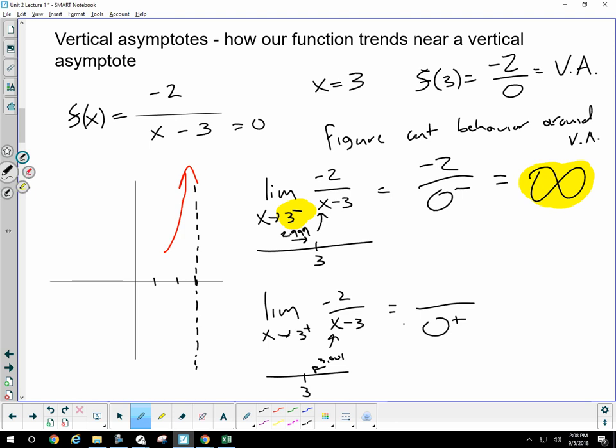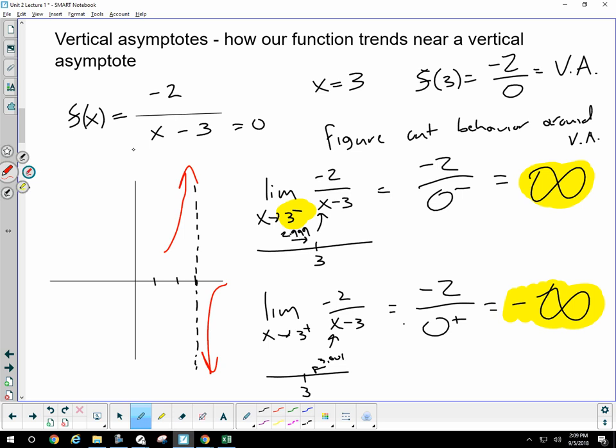So it's going to be 0, but coming from the positive side. I have a negative value divided by something infinitely small and positive. I get something infinitely negative and big. So that means I'm going down.